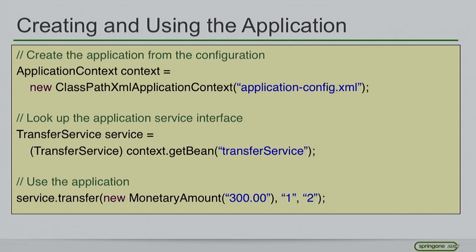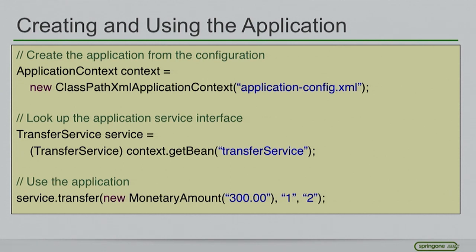It's going to become very important, and you'll start seeing why a little bit later, but I just want to put that little placeholder in right now that we have actually cast that bean not as transfer service impl, but transfer service. Now, in this particular case, with everything we're seeing, we could have done that. We could have cast it to transfer service impl. But as we start working on programming to interfaces and taking advantage of some of the other features of Spring, we're going to find it to be more important that we cast to the interface. And you'll see why shortly.